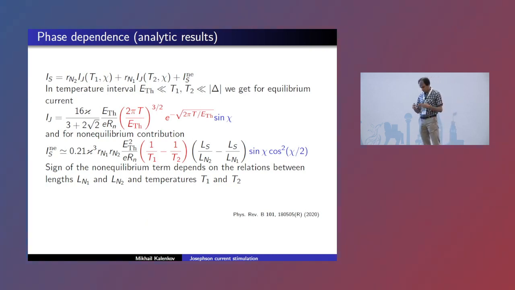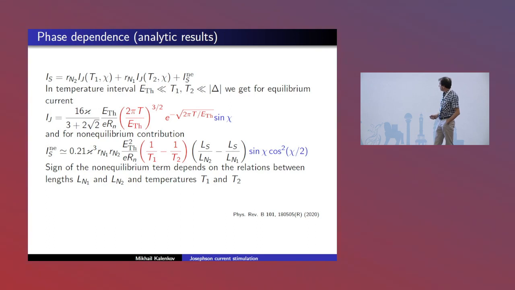Using some dirty tricks, we can actually evaluate the function W and find the phase dependence of the non-equilibrium contribution and the prefactor here. And you see what is important, that the non-equilibrium contribution, first, depends on temperature only as 1 over T, second, has quite unusual phase dependence.